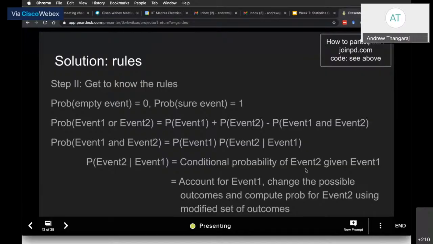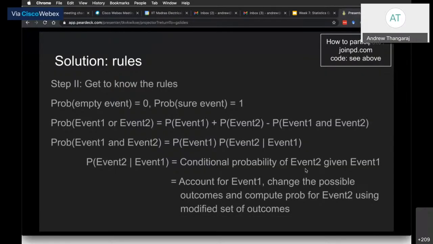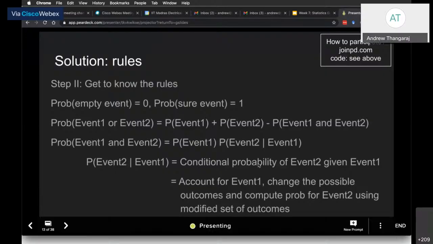For instance, if the first ball is blue, then the number of blue balls changes when you draw the second ball. So you have to account for that change, and then you compute probability for event 2. This is how you do conditional probabilities. These rules are enough for this problem.